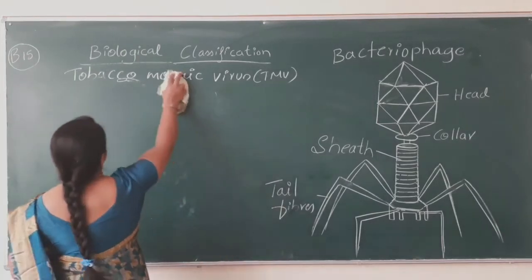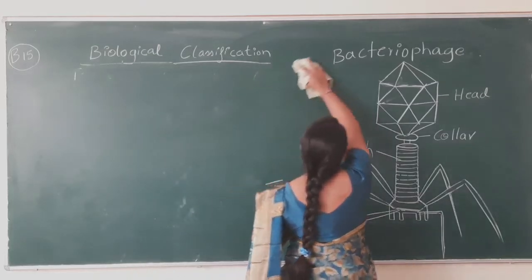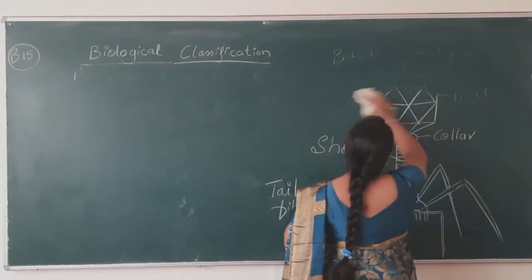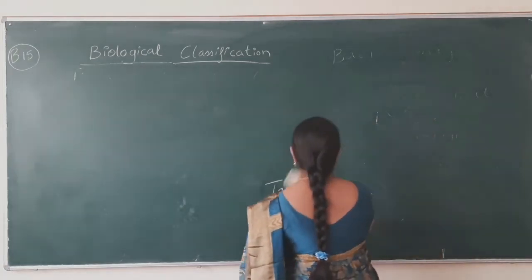So we'll move on to the next concept, that is viroid, prion and lichen.